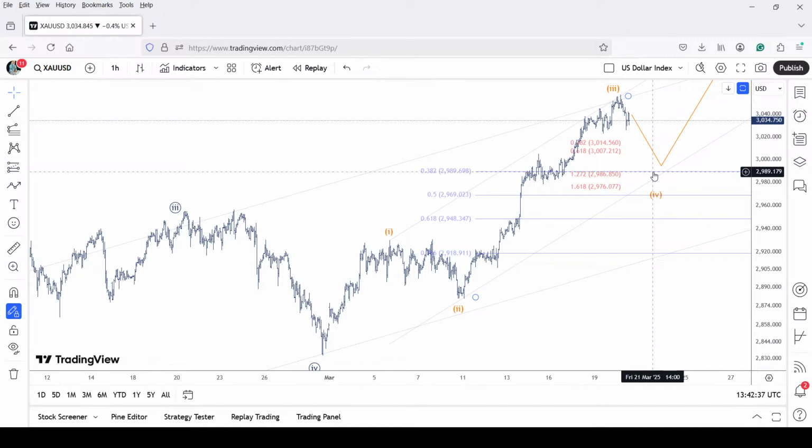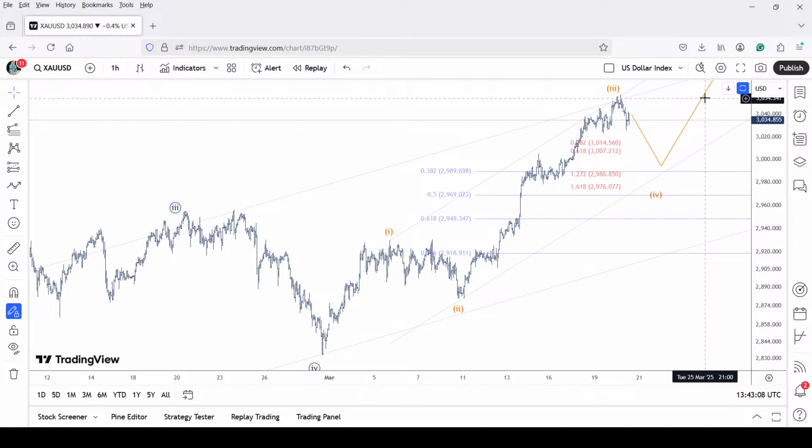So believe it or not, it would act as a magnet where prices could drop rapidly towards the 2990 mark, which could be the wave 4 termination, and after that, it begins to rally and touches the 3100, 3200 mark. So that would be around 300 to 400 points we covered.